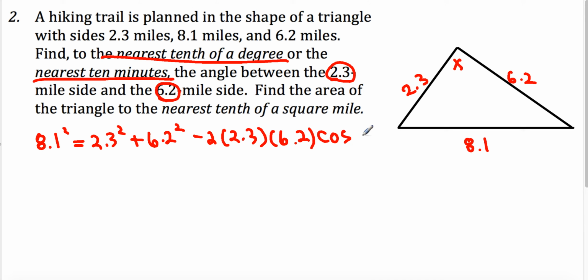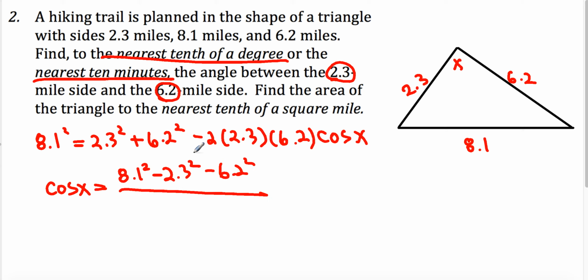To solve for cosine of x, we take 8.1 squared minus 2.3 squared minus 6.2 squared, and divide by the coefficient of cosine of x, which is minus 2 times 2.3 times 6.2.